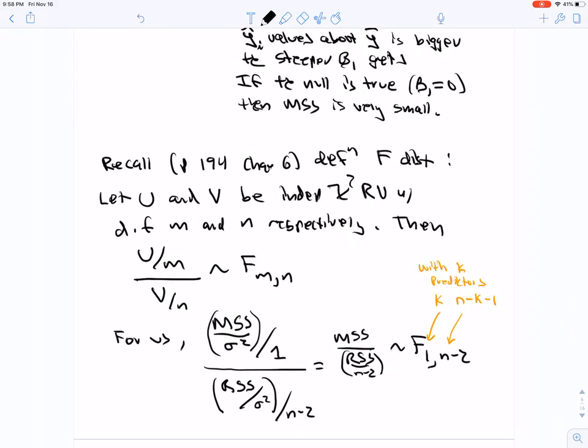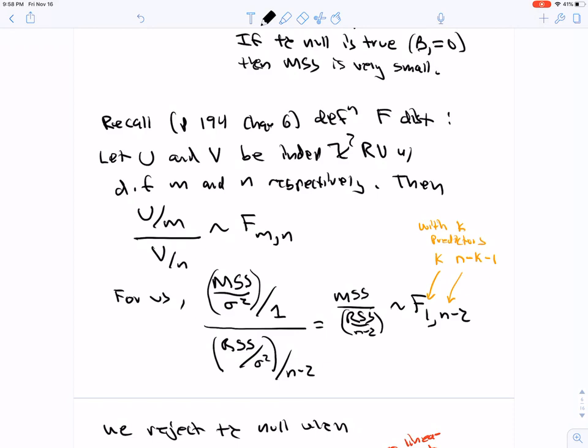So remember from chapter 6, the definition of an F distribution. U and V are independent chi-squares with M and N degrees of freedom respectively. Then U over M over V over N is an F_{M,N} distribution.